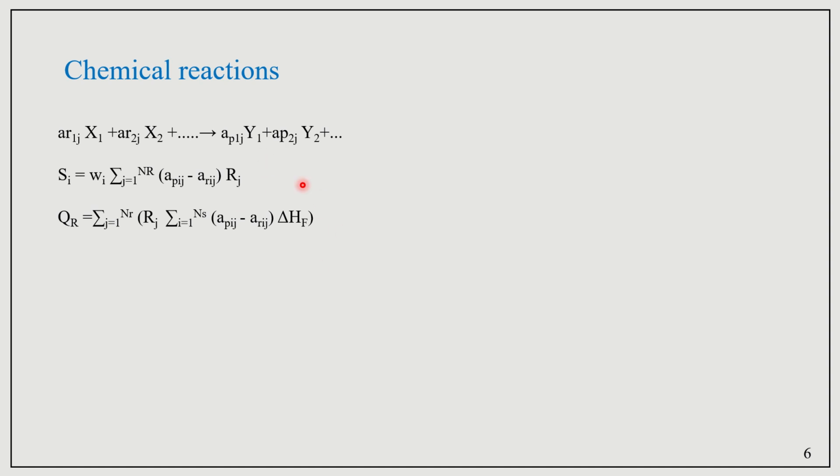So from that only Qr comes into the picture, that is the heat of reaction. Next, we are giving Rj. How it is used: it is Kfj into the product over i equal to 1 to Ns of Xi to the power Aij, minus Kbj into the product over i equal to 1 to Ns of Xi to the power Wij, something like that.